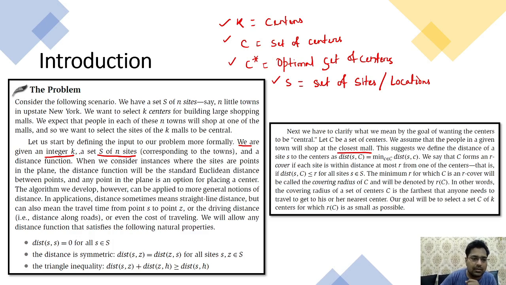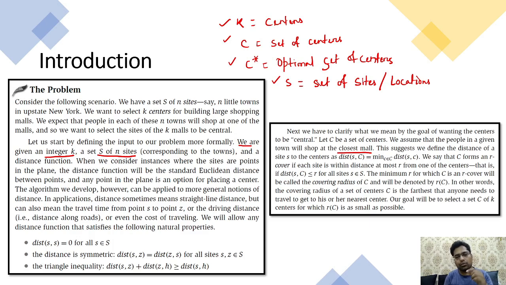And the distance function. A distance function means between the locations we should know what the distance is. Why? Because we need to establish one mall. The mall should be at a small distance from the nearby locations from which we expect people to come, and we will make more profit out of it, because that is our target.